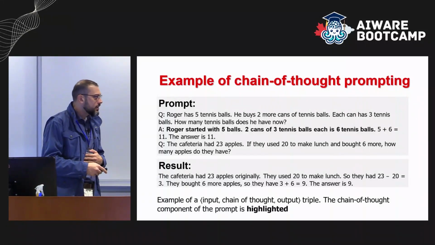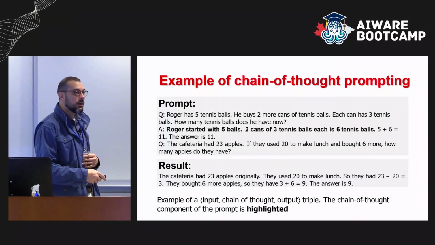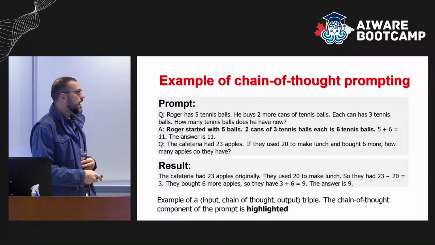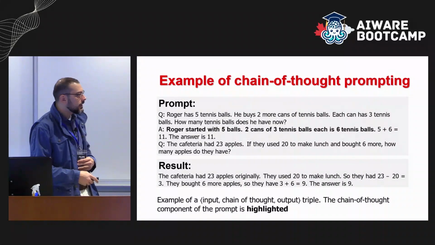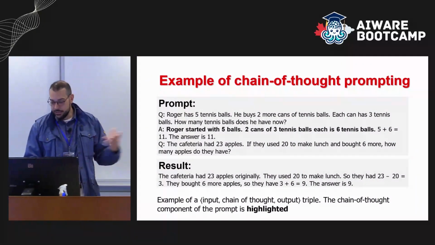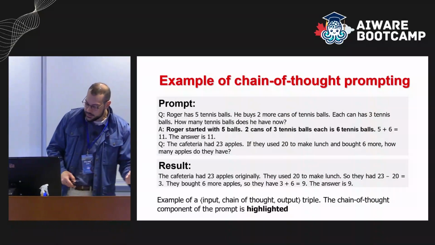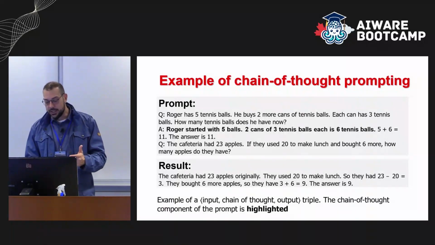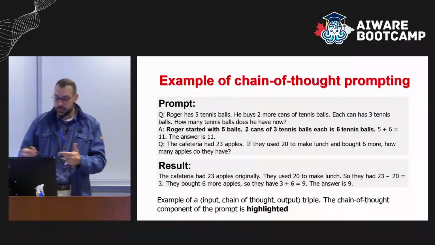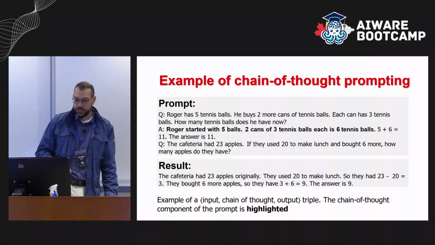And now the model, instead of arriving at the answer directly, the incorrect answer, is actually trying to reason over it. So the cafeteria had 23 apples originally. They used 20 to make lunch. So they had 23 minus 20. They bought 6 more. Now they have 3 plus 6 equals 9. And the model could arrive at the right answer here, okay?